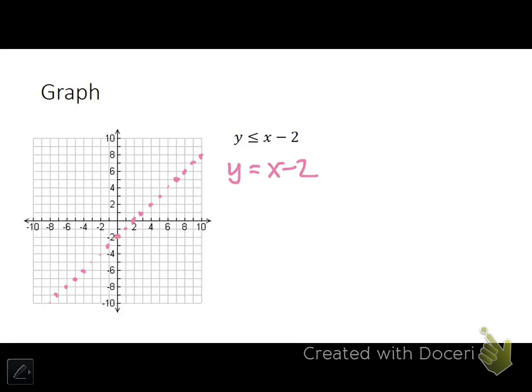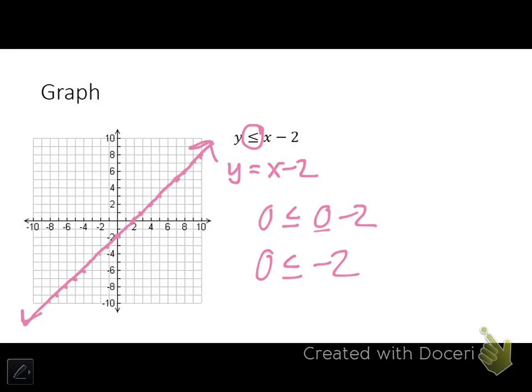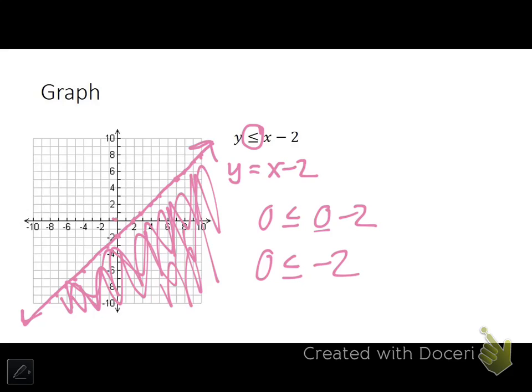Now, because this sign has a line underneath it, it's going to be a solid line. Got to plug in 0, 0 to see what side we're shading. 0 minus 2 is negative 2. Is 0 less than or equal to negative 2? No. Negative 2 is not bigger than 0. So we got to shade on the opposite side. So we shade down here, because 0, 0, this point, was not true.